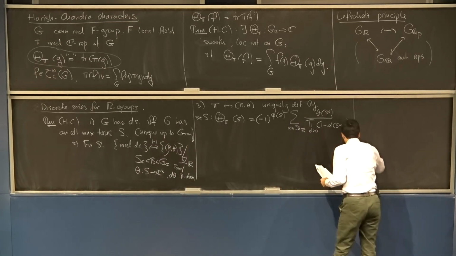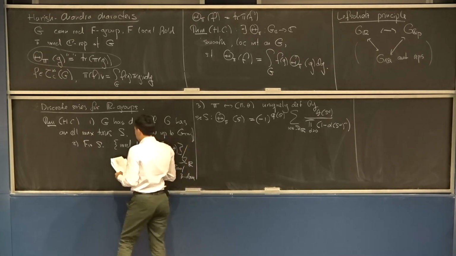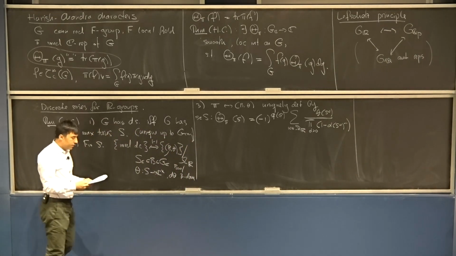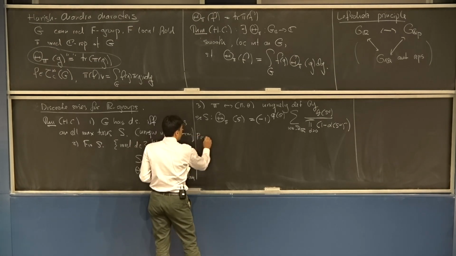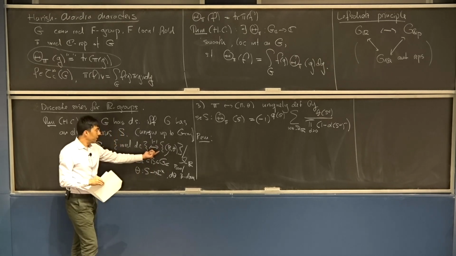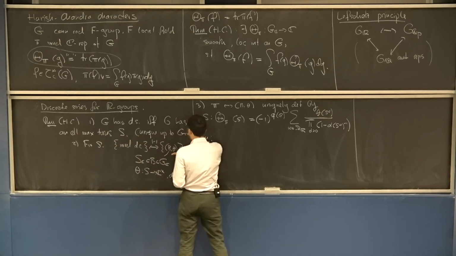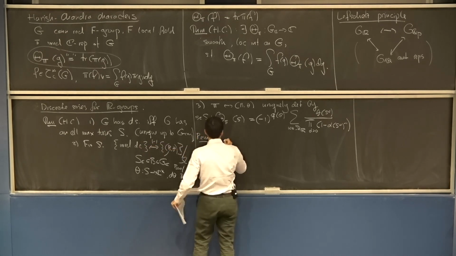Now, I want to make a few remarks before I move on. One of the remarks that I already made is that such an S doesn't have to exist. If it does exist, it is unique up to conjugation. And because it is unique up to conjugation, we can reformulate this bijection in the following way. Instead of having tuples of a Borel and a theta where S has been fixed, we can let S vary.